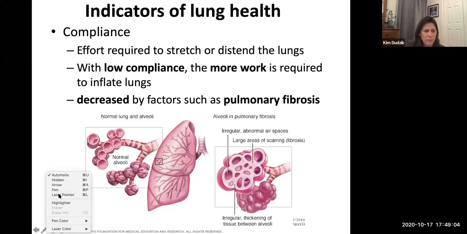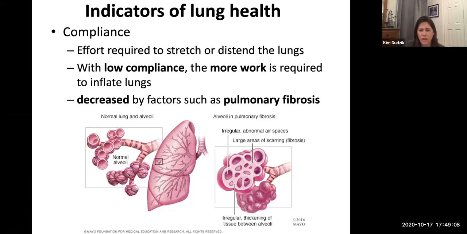Here's the normal alveoli, you can see how thin the tissue is. But here, the tissue's been thickened. So that's going to reduce compliance, making it harder to stretch those lungs in order to increase the volume inside of there. Actually, the volume stays more decreased, right?